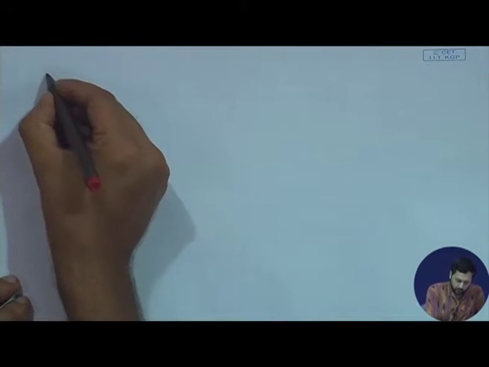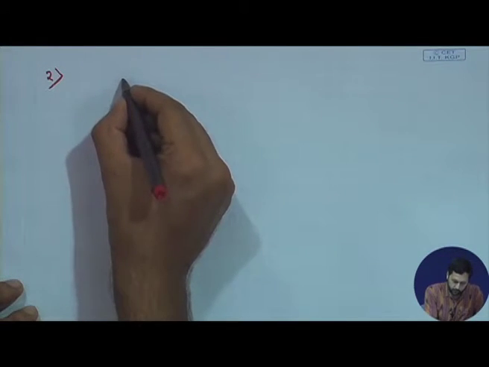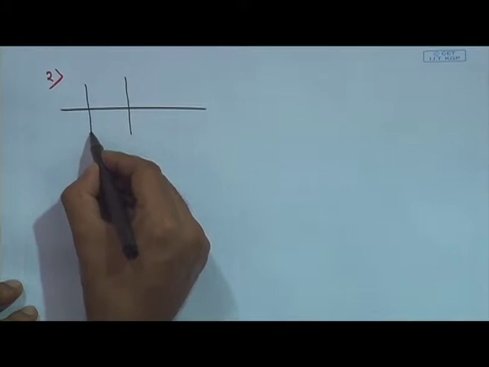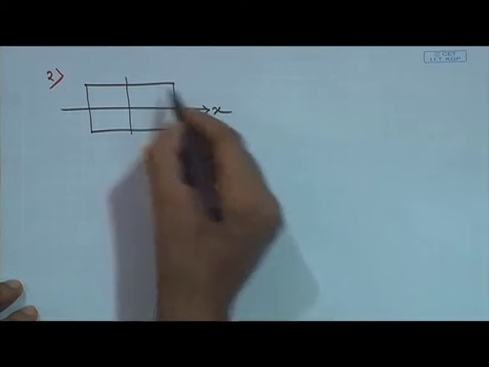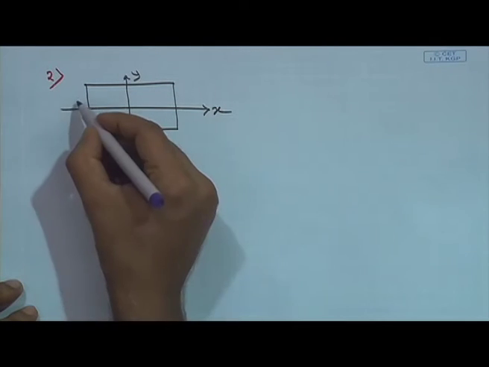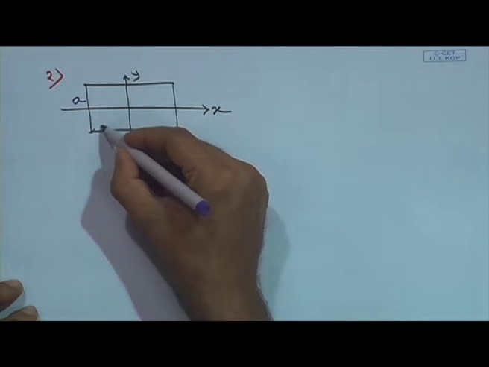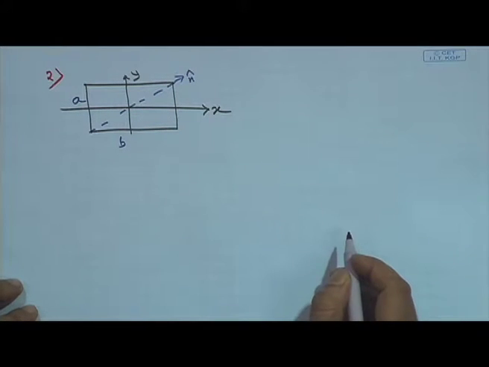Next we have problem 2. Now for problem 2 we have our axis system, and this is my lamina. Okay, so we have x, we have y, and the sides are given by A and B, and this is my n capped, right?